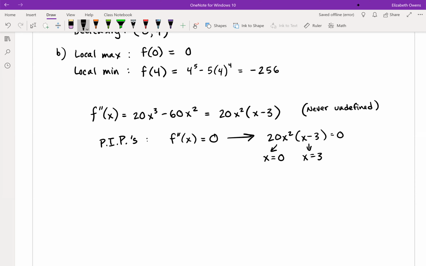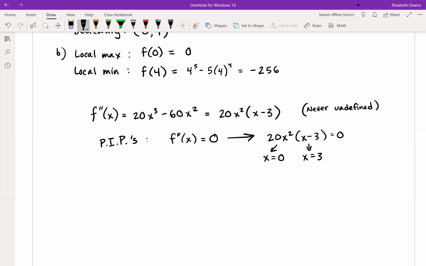And now let's test. So sign analysis on this again. Pick some negative number, any negative number. 20x squared is going to turn out to be positive. And then you take your negative number and subtract 3, and that factor would be negative. So negative second derivative over there.